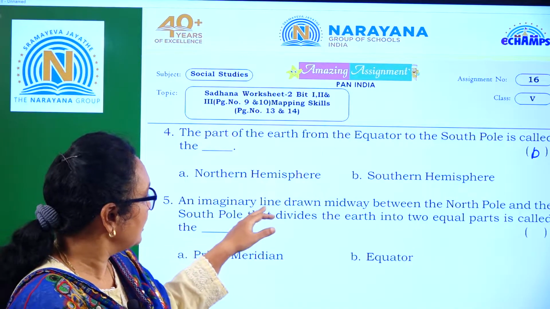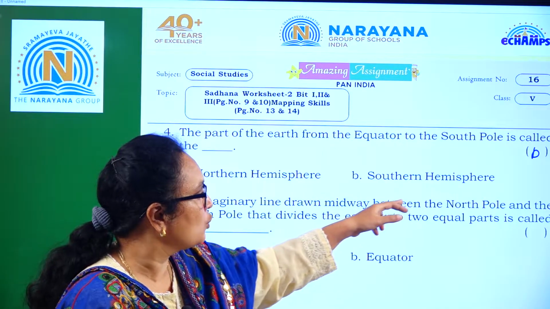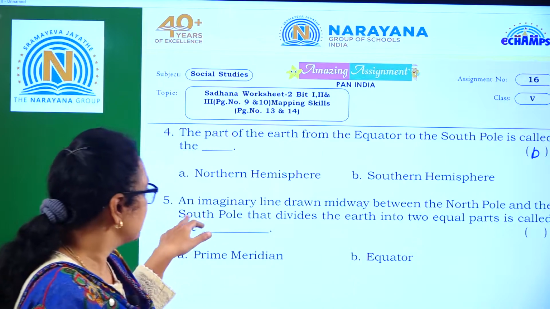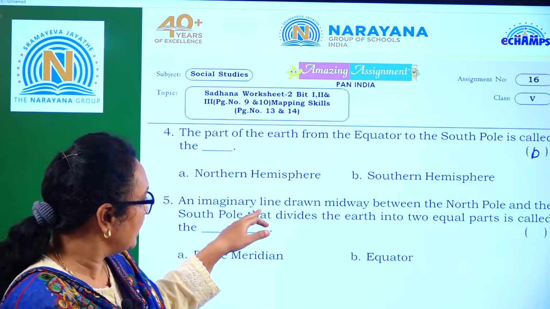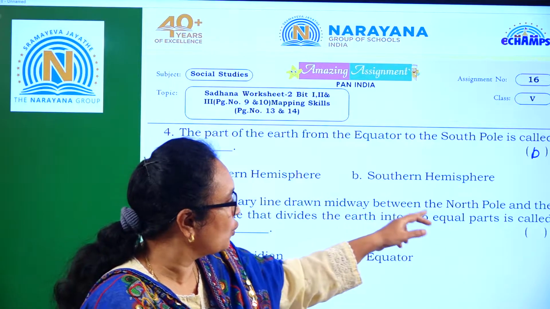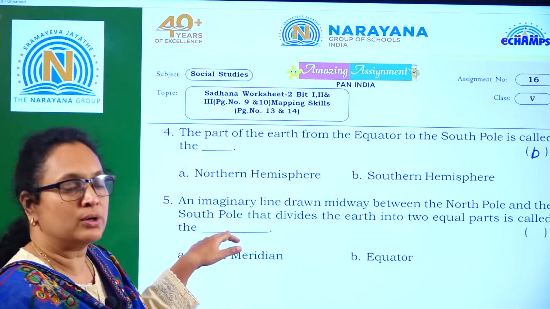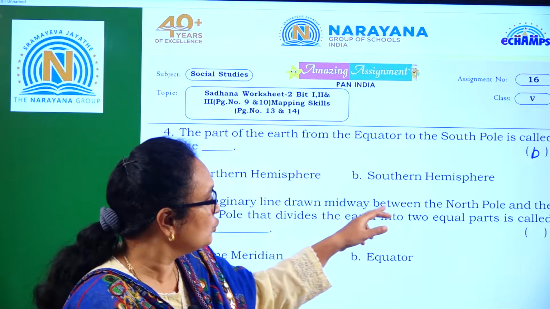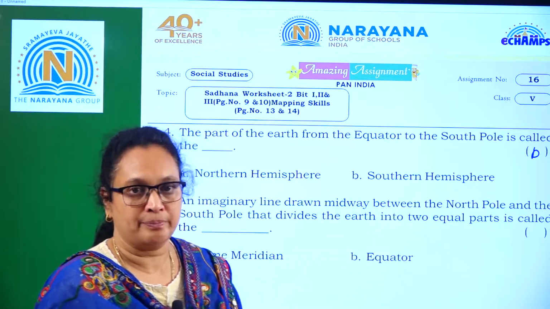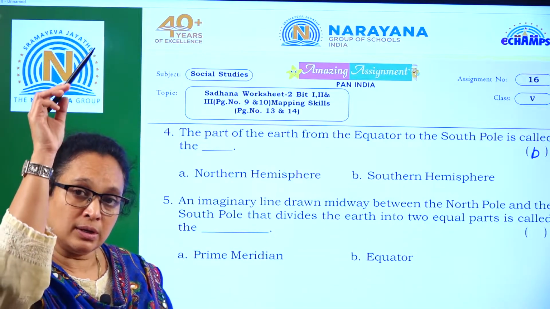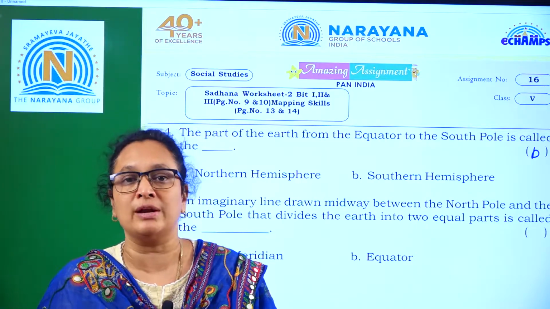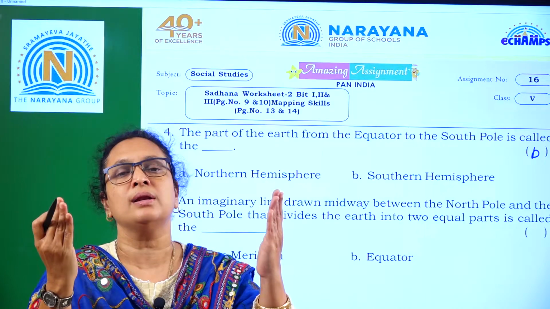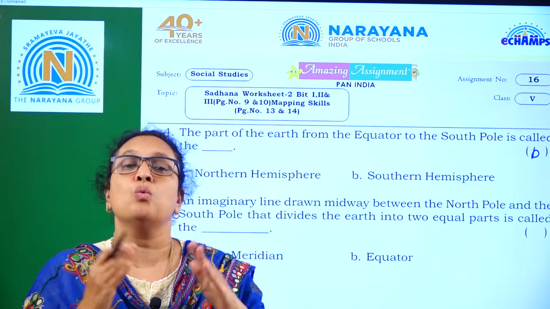Now coming to the fifth one, an imaginary line drawn midway between the north pole and the south pole that divides the earth into two equal parts is called. Listen carefully. They are talking about the imaginary line which passes from north pole to south pole and divides the earth into two equal hemispheres.